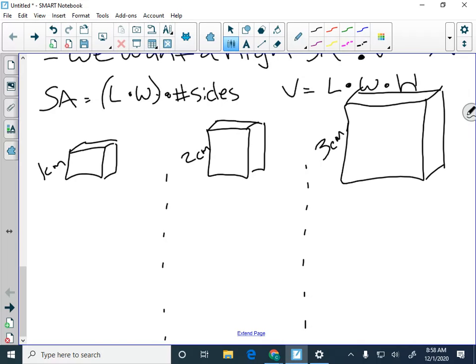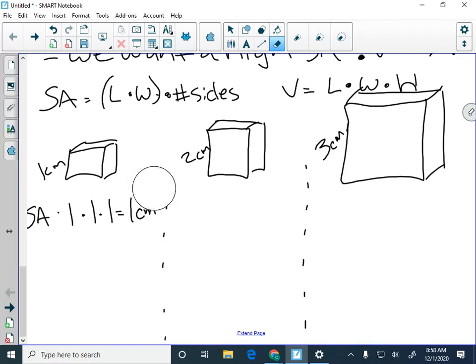In that 1 centimeter cube, our surface area is length times width times height, which is 1 times 1 times 1. That gives us 1 centimeter squared. Our volume is 1 times 1 times 1. Or no, sorry.